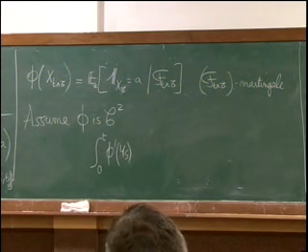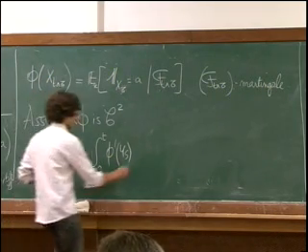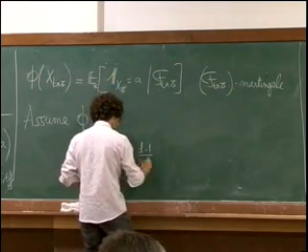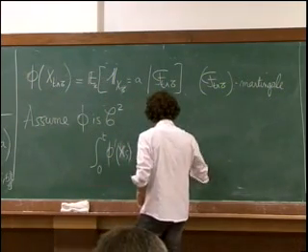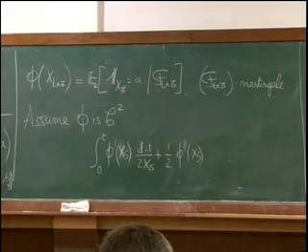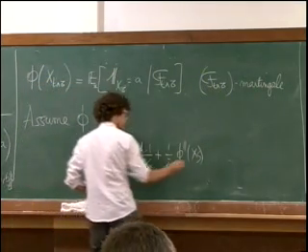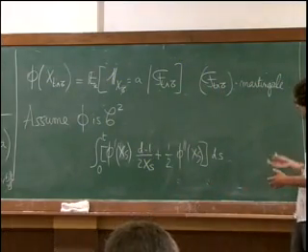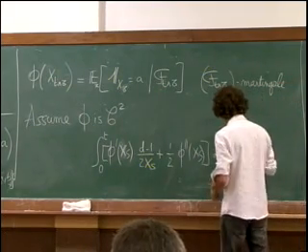It's phi prime of xs times (d minus 1)/(2xs), plus 1/2 phi double prime of xs. And what is a_s in our case? It's just 1. So I must have this thing, which is a martingale, and because a martingale with bounded variation is necessarily equal to 0, this thing must be equal to 0.